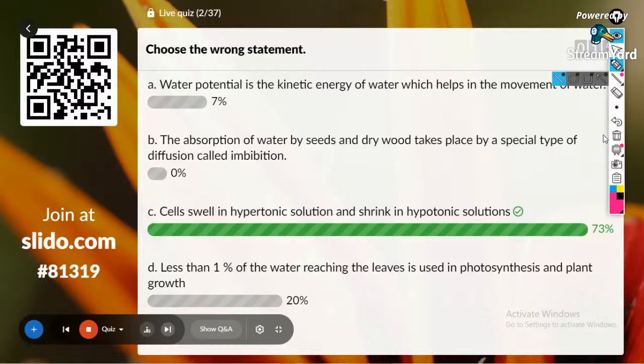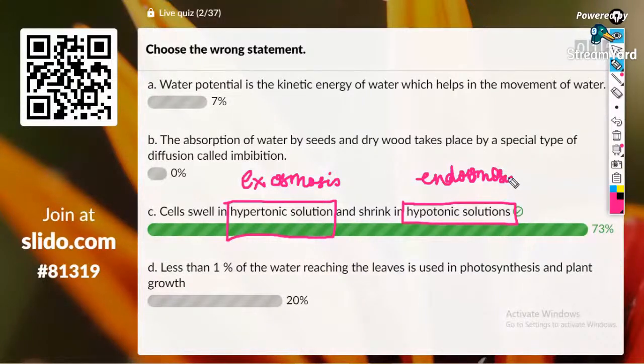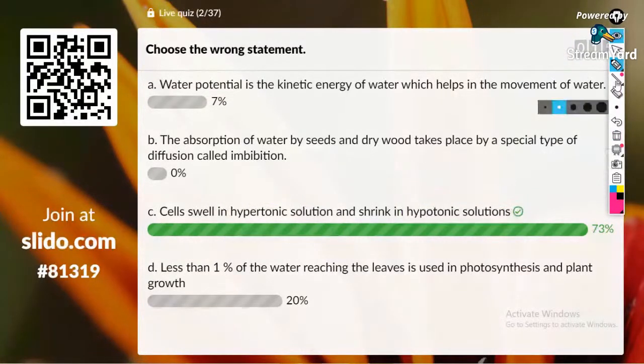Exosmosis takes place when the cells are kept in hypertonic solution, and when they are present in hypotonic solution, endosmosis takes place. So when the cell is kept in a hypertonic solution, it undergoes exosmosis, and when it is kept in a hypotonic solution, it undergoes endosmosis, which leads to the swelling of the cell.